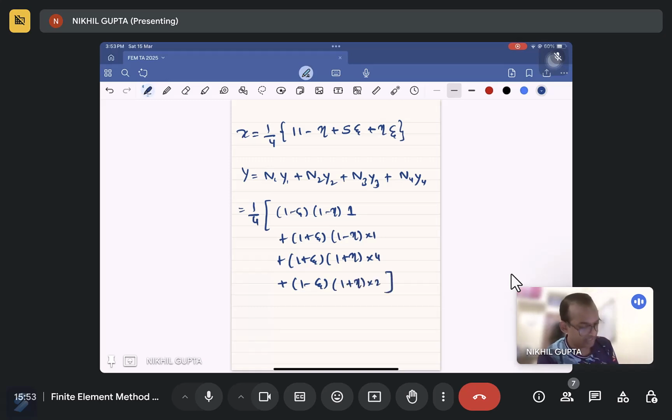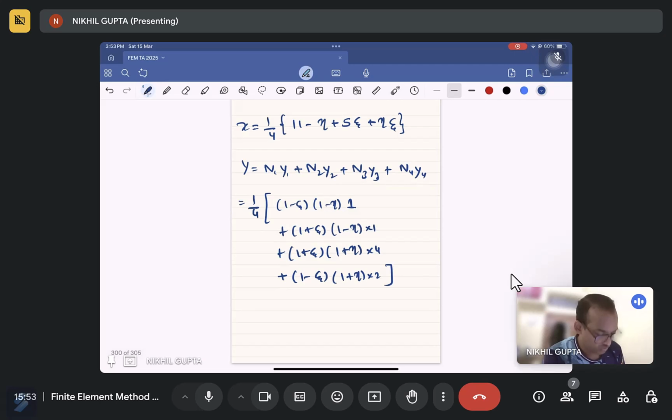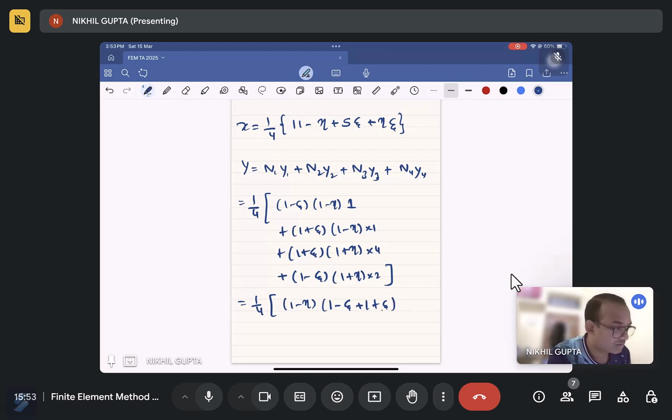Again the same thing I have done, and when you solve it, 1 by 4 we'll again take common as 1 minus eta and 1 plus eta. So this is 1 minus xi plus 1 plus xi, then 1 plus eta will be 4 plus 4 xi plus 2 minus 2 xi.